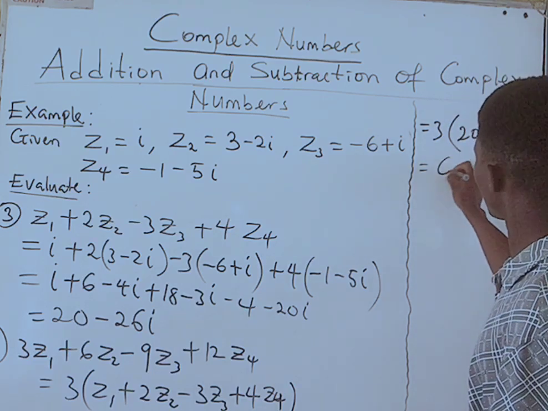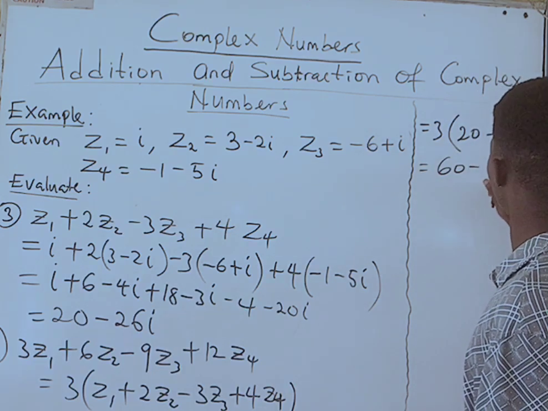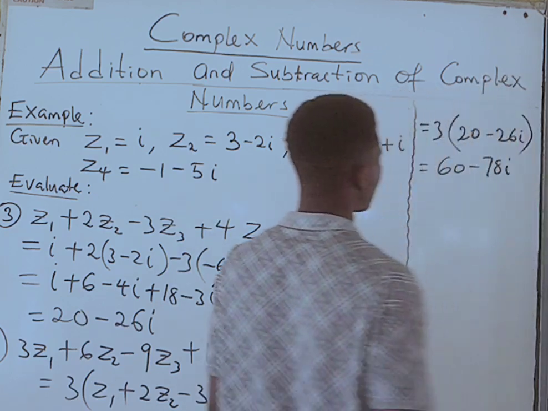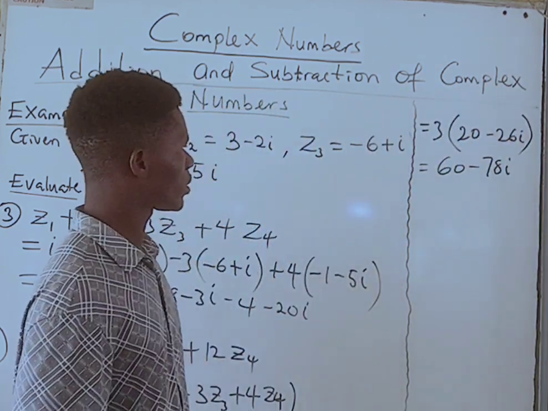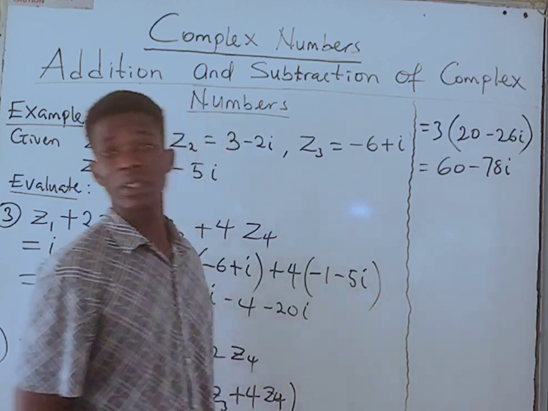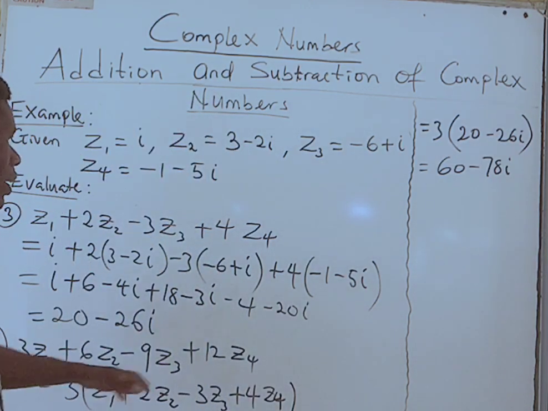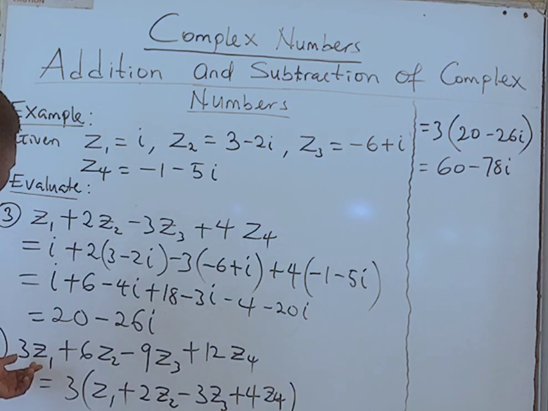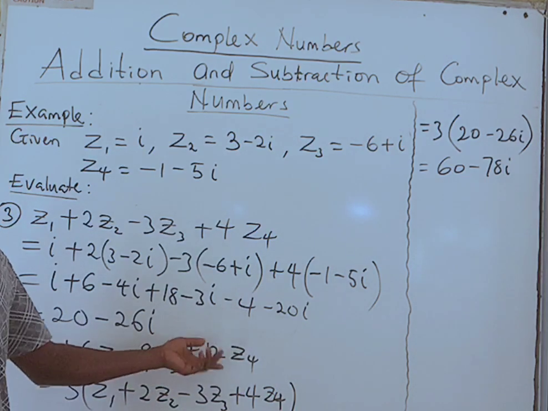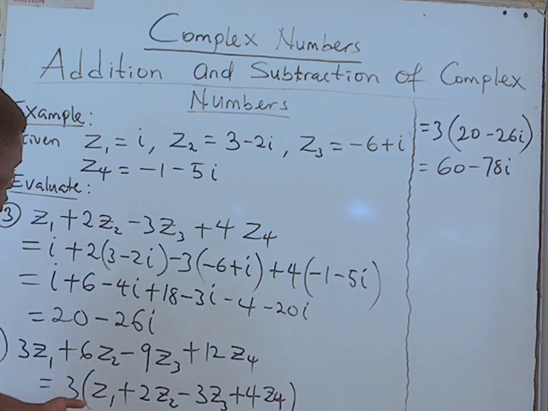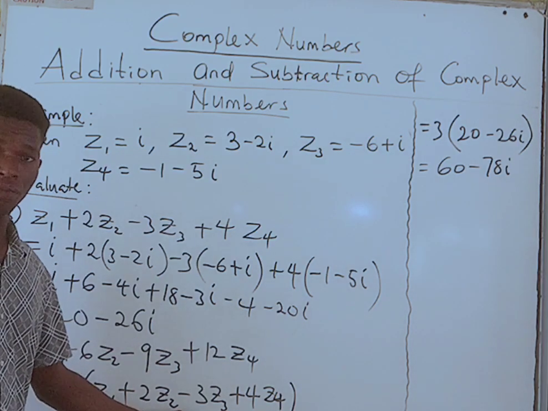And that gives 60 minus 78i. That is our answer for number 4, 60 minus 78i. Now, you need to take note of what we did in number 4. We can actually substitute the values of z directly, but you just have to watch out to work smart there.